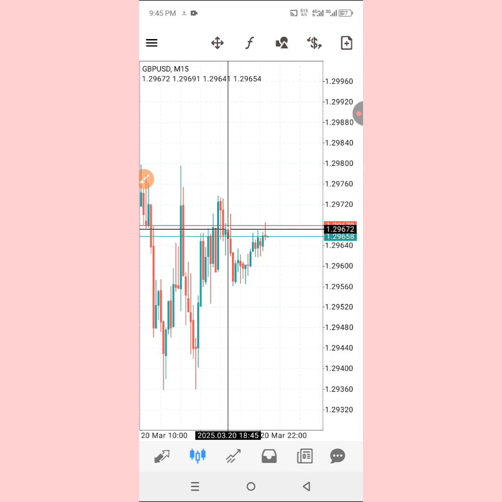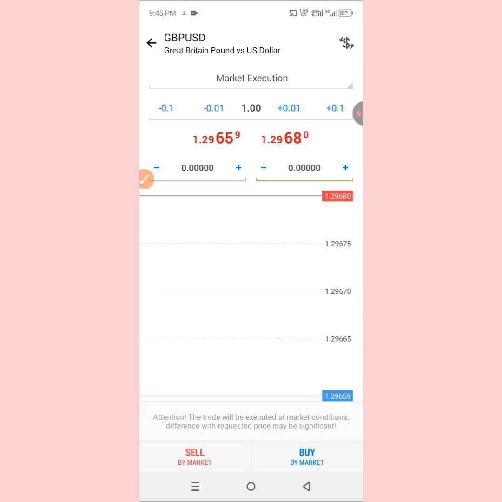Let me just give a practical example of what I'm going to do. What is the current price? Let's say 1.29679. My entry price will be, let me just put it 10 pips above it, around 1.2978.